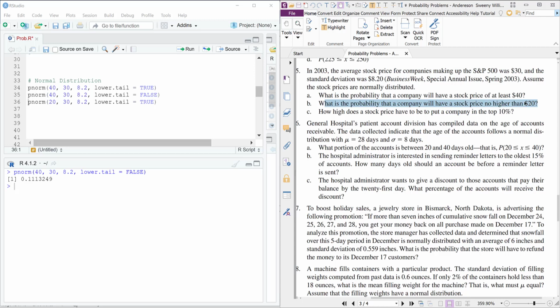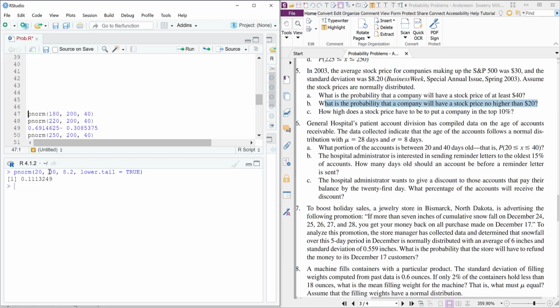So in this case we will use the value of x as 20, mean is 30, sigma is 8.2, and lower tail is true, because we are interested in that. And when I run this command it gives this probability, again 11.13%, and that's actually the right answer for this one.